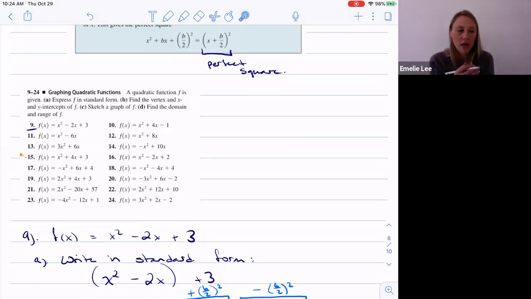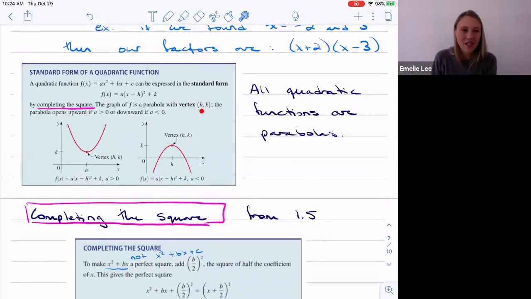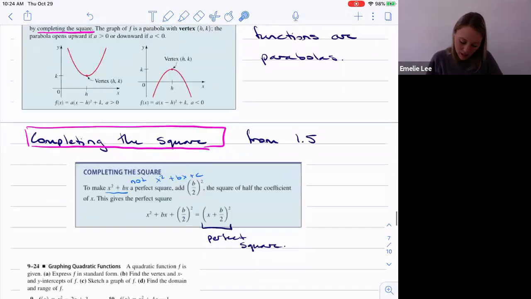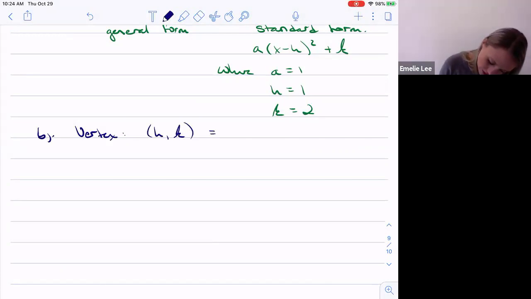So we're going to start with finding the vertex. The vertex is at h, k. Now that we have h and k, it's really easy. So B, the vertex is at h, k, which in our case is at 1, 2.